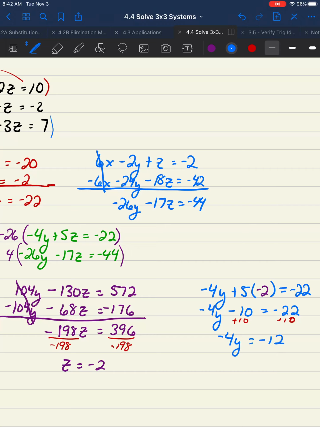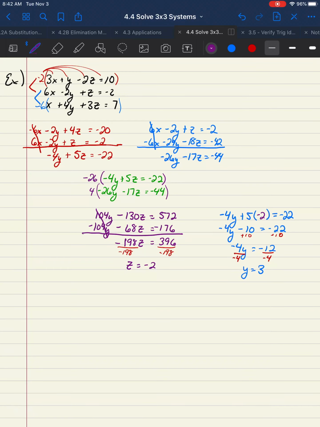Again, I'm just working out this equation, following algebra steps, and I end up with y equals 3.